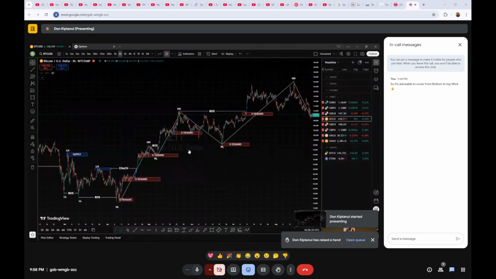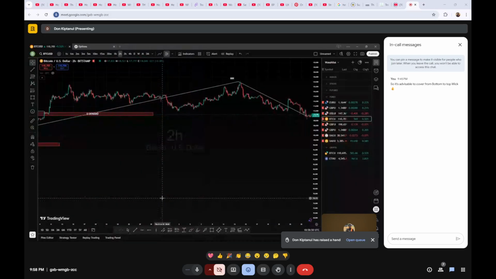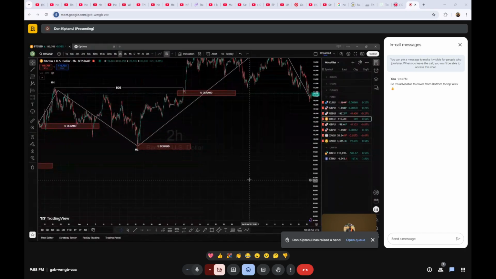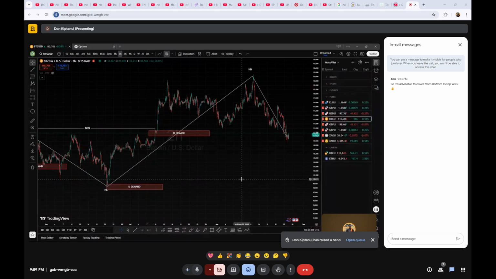Here, on the rules, zoom in fully so the chart is clear. My question was, when we are identifying the supply and demand zone, it must have caused a break of structure or a change.